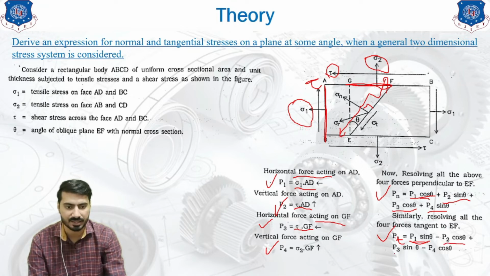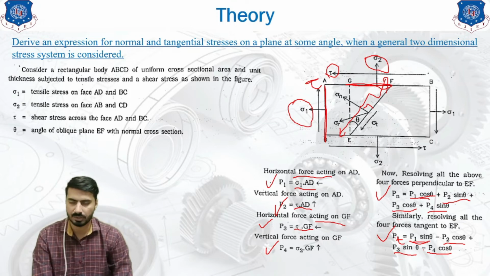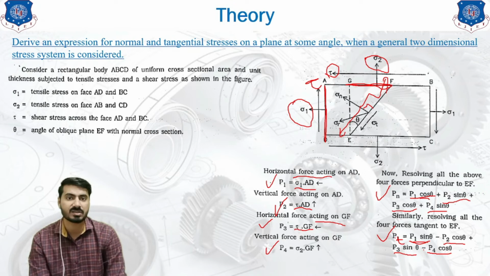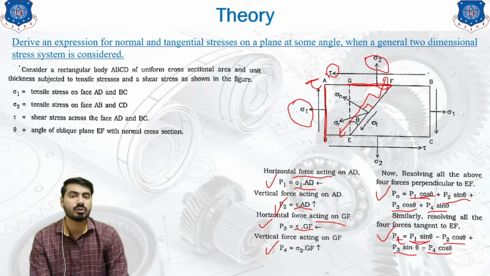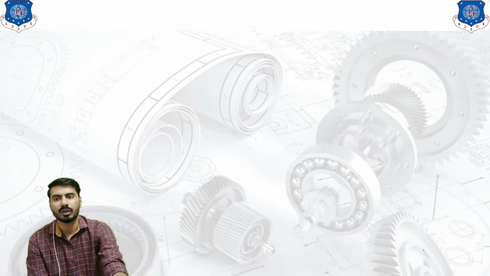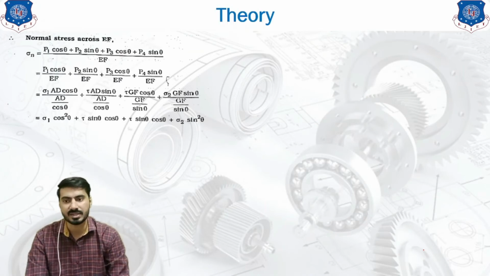This is in the same direction, so it is positive, and P4 is going in the opposite direction, so it is negative. So while resolving the forces in the tangential direction, you need to keep the direction in your mind in order to do the algebraic sum. This will help you find the normal forces and tangential forces.